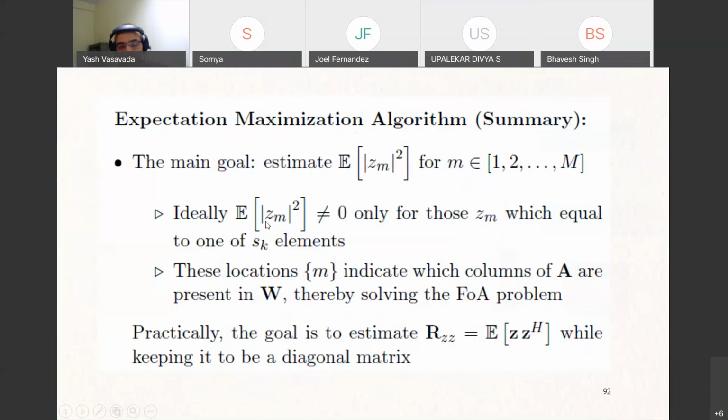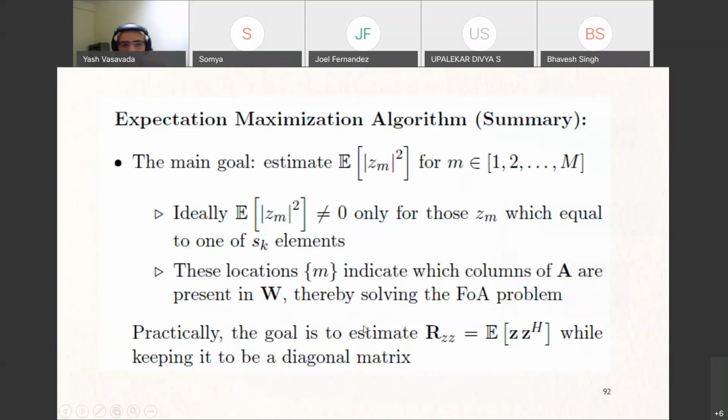And as we saw in the prior slides, this value will be non-zero only for those elements of the vector Z which are active. And that will directly tell us what frequencies are active.